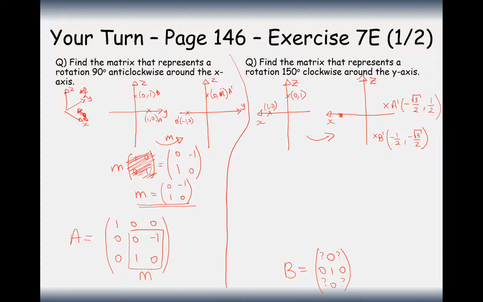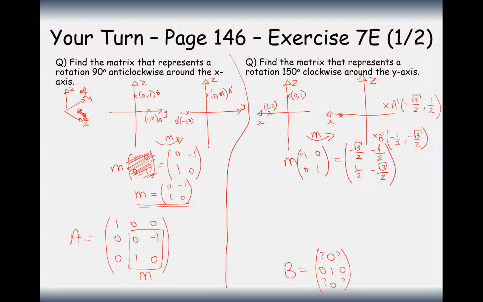So this matrix M that has transformed the set of coordinates 1, 0, 0, 1 has sent our coordinates to, putting A prime in first, √3/2, 1/2, and the second coordinate second, 1/2, minus √3/2.